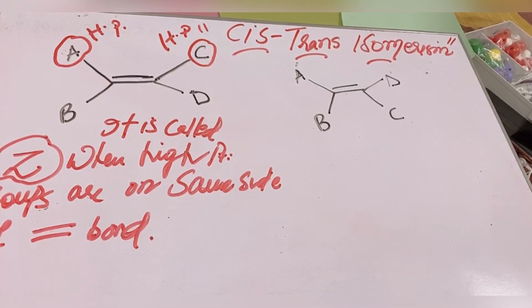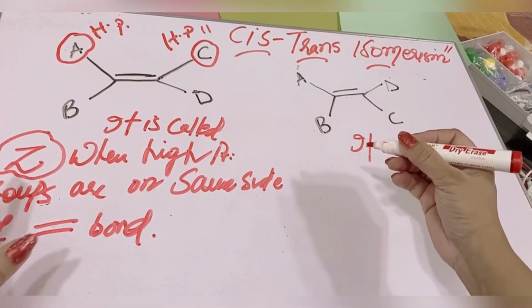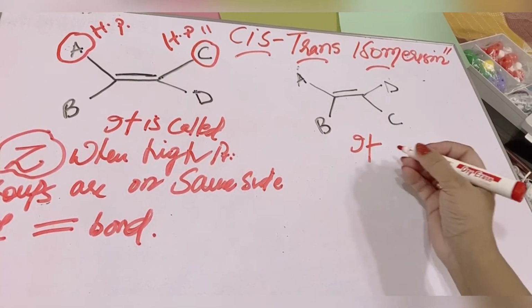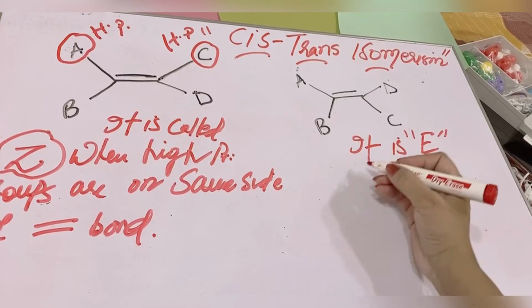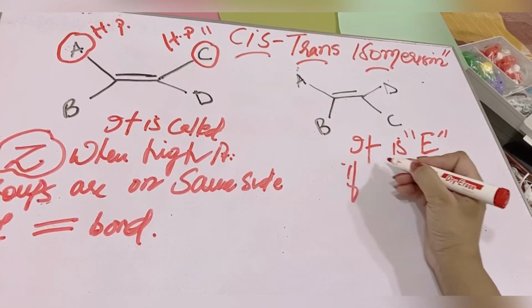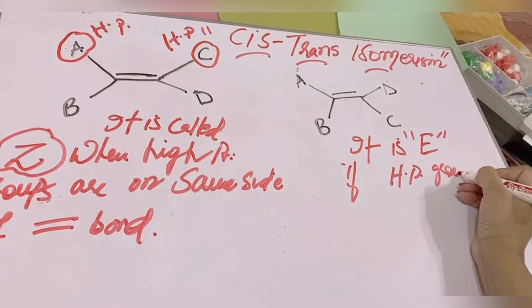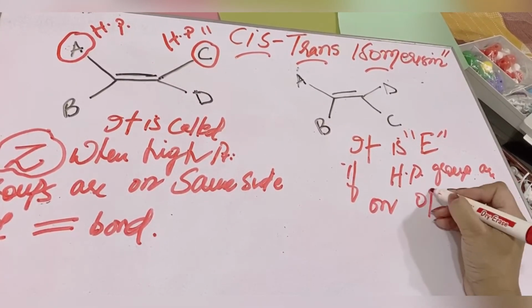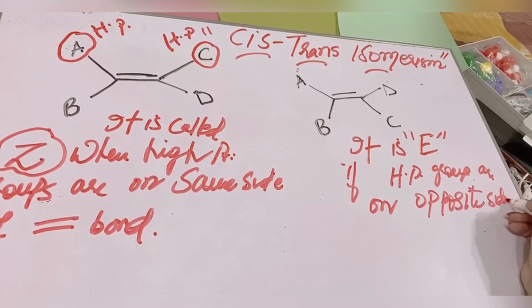Whereas if we talk about this one, it is called E. Now I told you Z stands for zusammen and E stands for entgegen. So it is E, if high priority groups are on opposite sides of the double bond.